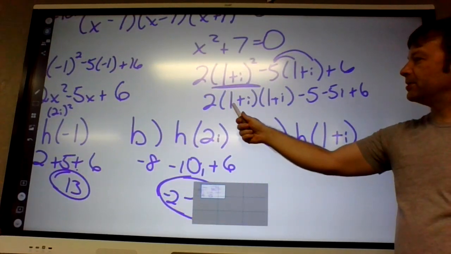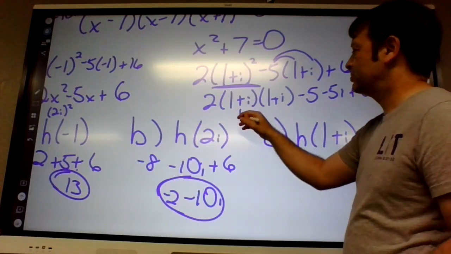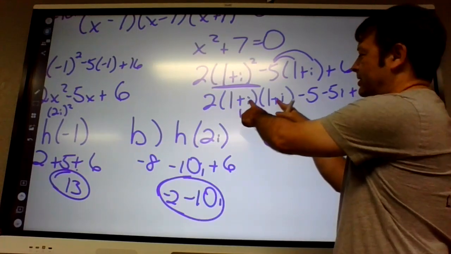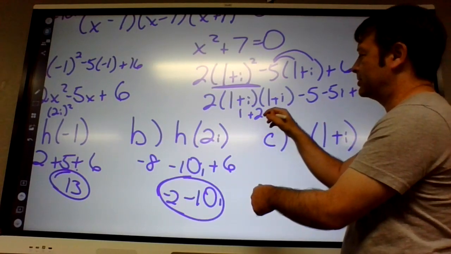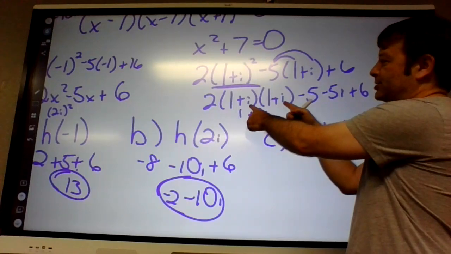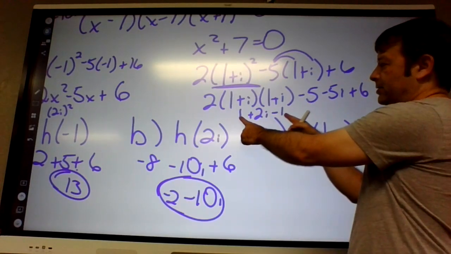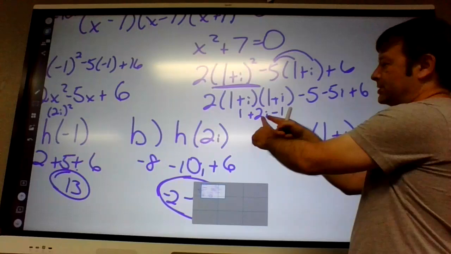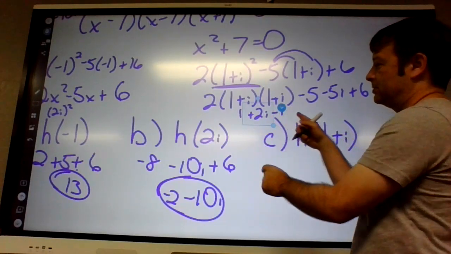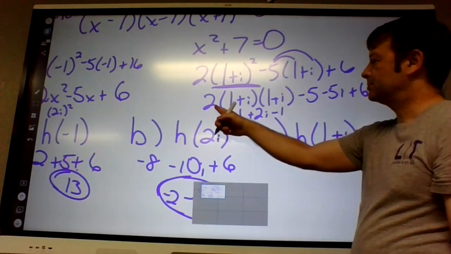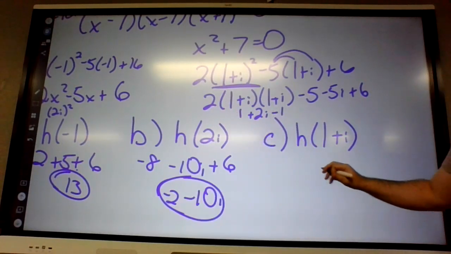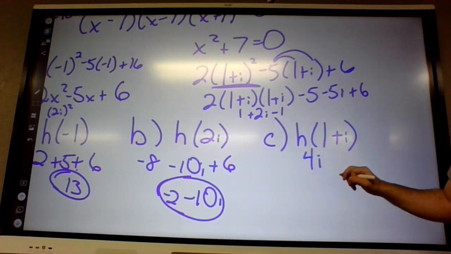This would be 1 plus 2i plus i squared, which is -1. And these two would cancel out, so it's just 2i times 2, which is 4i.